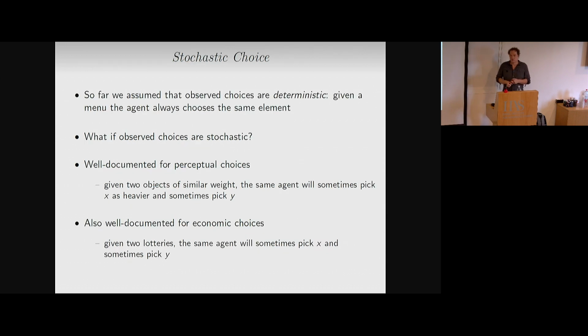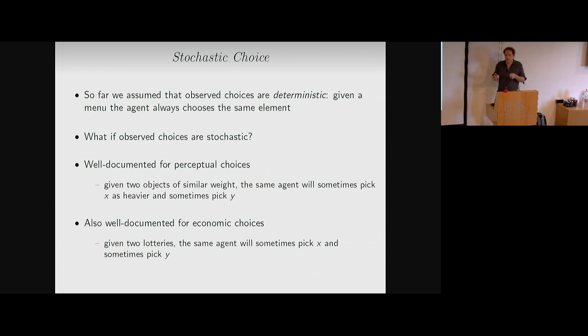Okay, so this is the thing that you learned in your first year classes, but this is deterministic choice, and as Mike was discussing yesterday, a lot of choices that we observe are stochastic. This is well documented for perceptual choices.